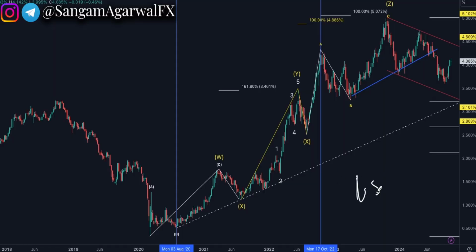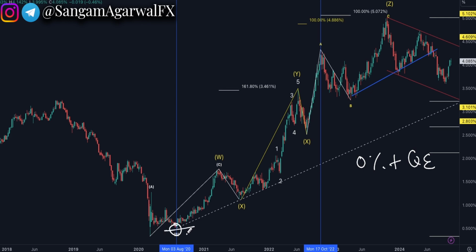US 10-year bond yield. Let's see what happened in the last election cycle, before and after election day. I hope you remember there was 0% interest rate and QE monetary policy the month before the election. Then somehow the 10-year bond yield made a bottom in August 2020.